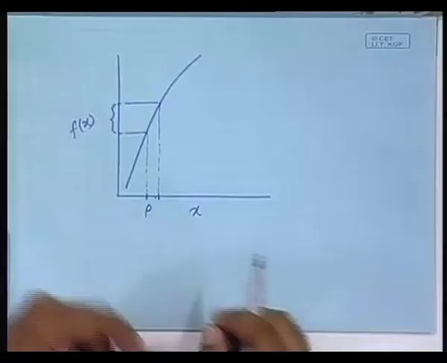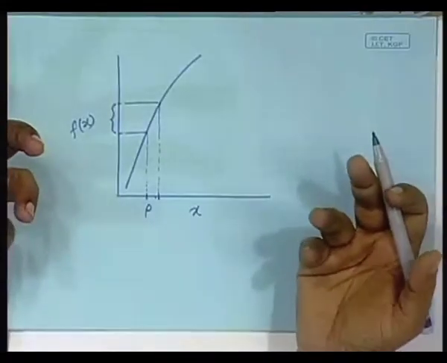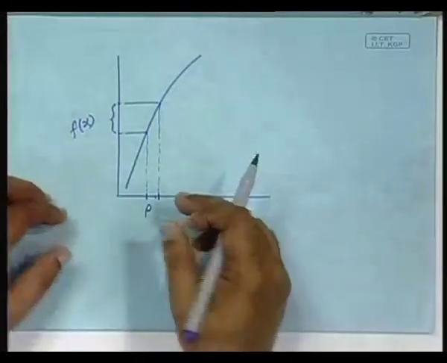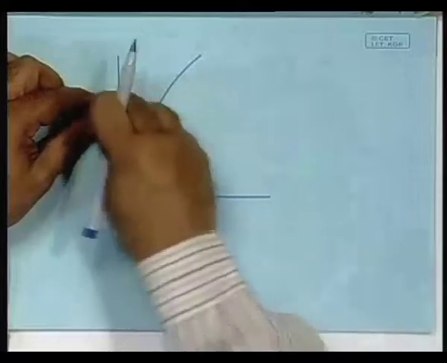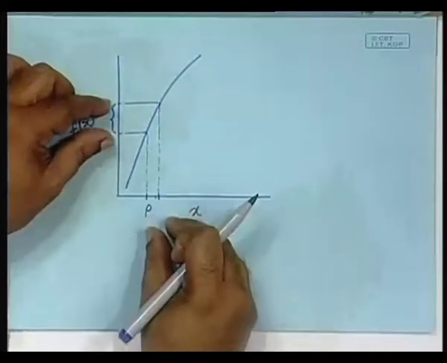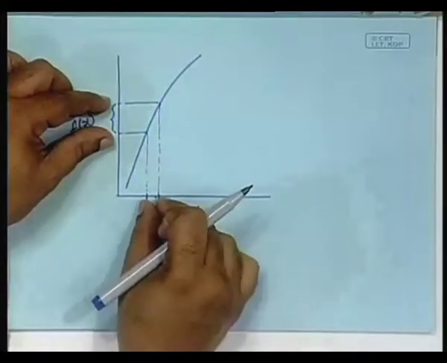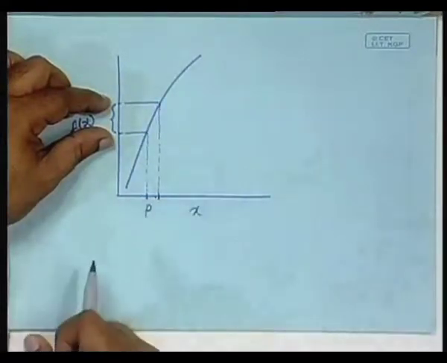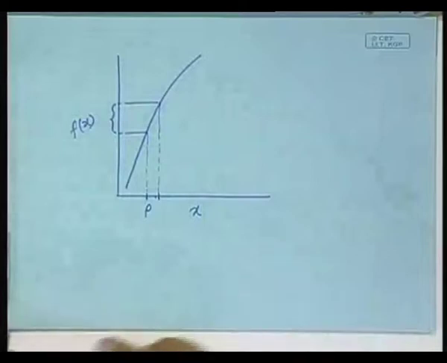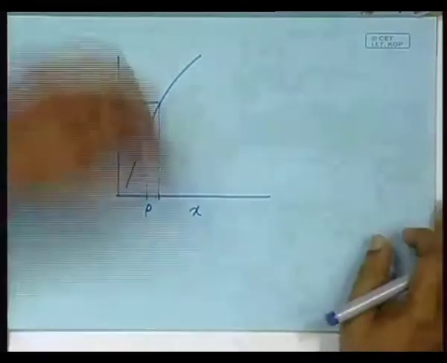Okay. So the Frobenius-Perron operator is taking me from here to here, and therefore the density here is nothing but the density here divided by the slope at this point. How will you write it?